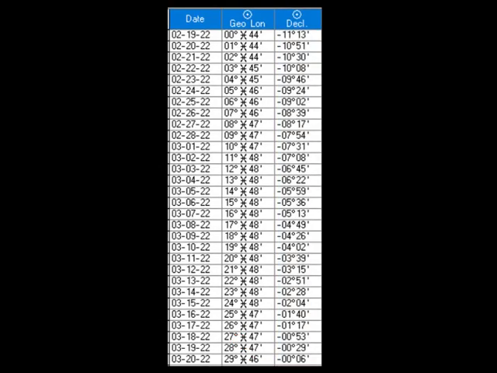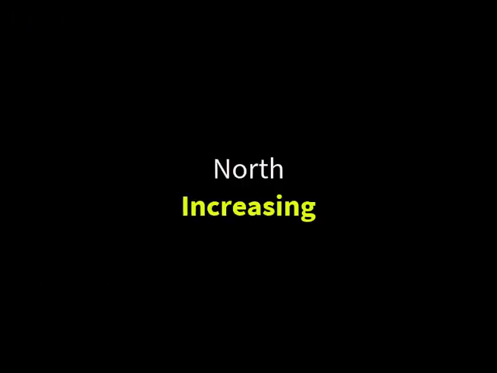And the sun has now completed its entire declination circle, starting with north increasing, north decreasing, south increasing, and south decreasing.